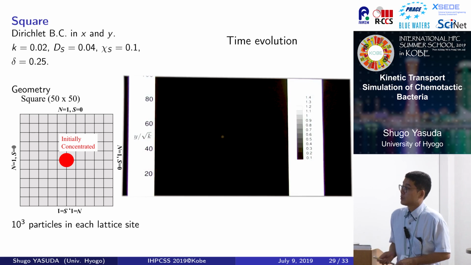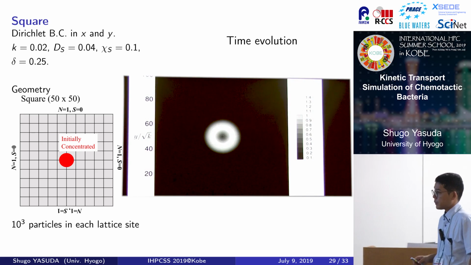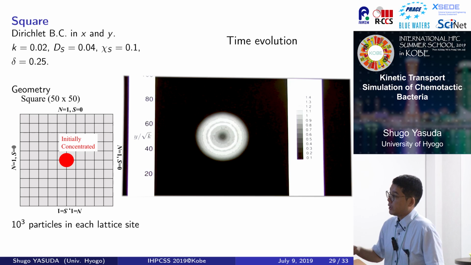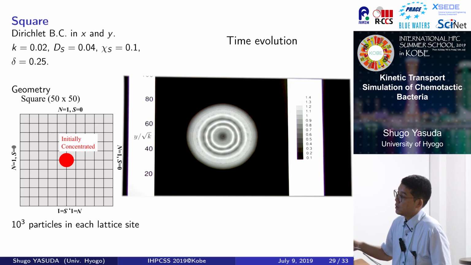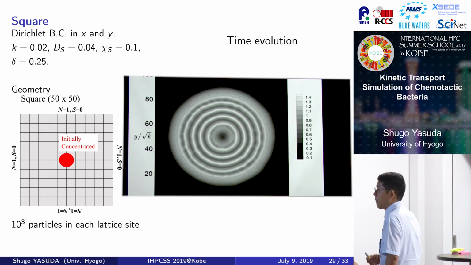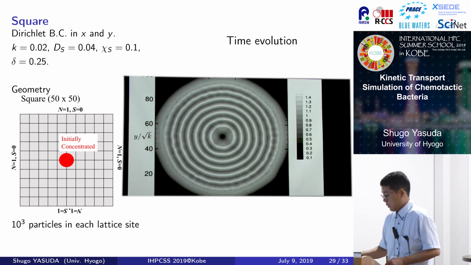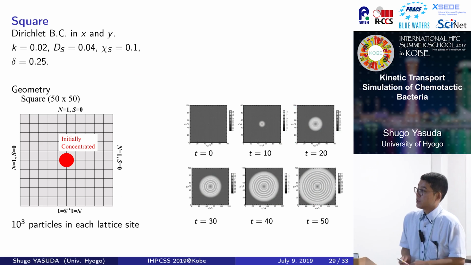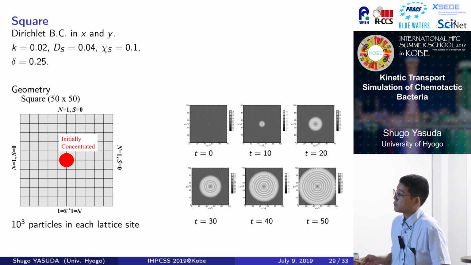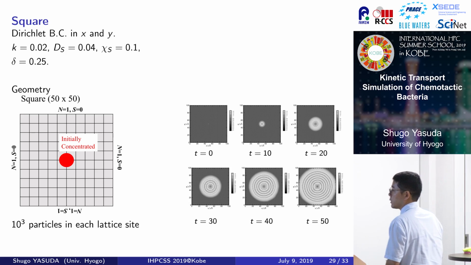And this is the simulation itself. First the bacteria are here, and they expand their population, creating layers sequentially. This is a snapshot. They expand their population outward, and after the front passes, we can see the ring pattern.